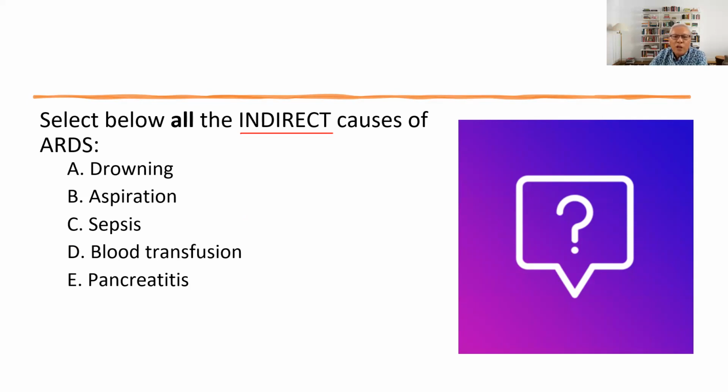Okay, so whenever we're saying indirect causes, these are processes that cause inflammation outside of the lungs. So the issue arises somewhere outside the lungs. So the correct answers, therefore, are C, this is outside of the lung, D, blood transfusion, and then, of course, E, pancreatitis.